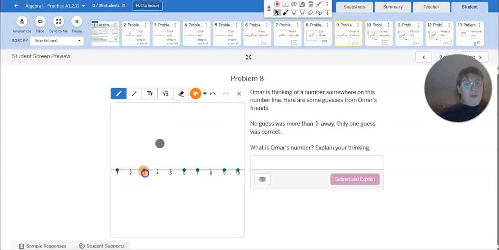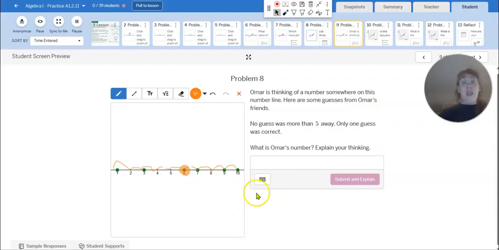If someone guessed 3, 2, 3, 4, 5. So here, these 2 guesses are more than 5 away. So 3 is not correct. If someone guessed 6, 1, 2, 3, 4. 1, 2, 3, 4, 5.